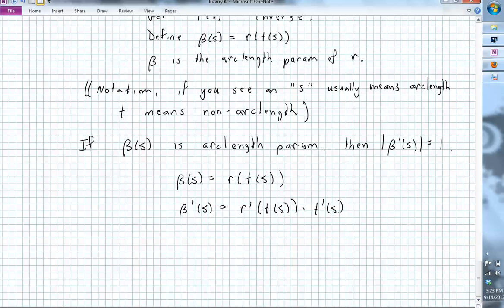That's just chain rule, right? Okay. Now we have to start figuring out what these primes mean. This prime here is the derivative with respect to s. This prime here, from the chain rule, is the derivative with respect to what? It's a tough question. It may be one that you haven't ever really thought about before.